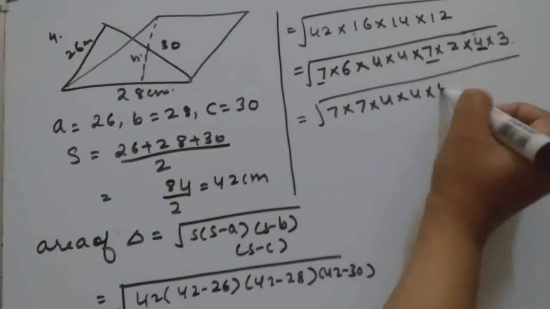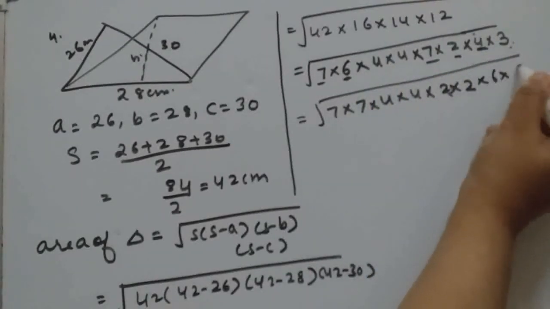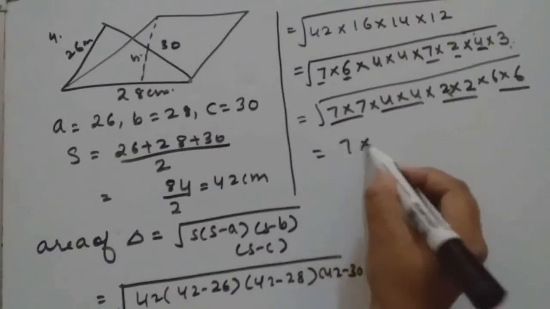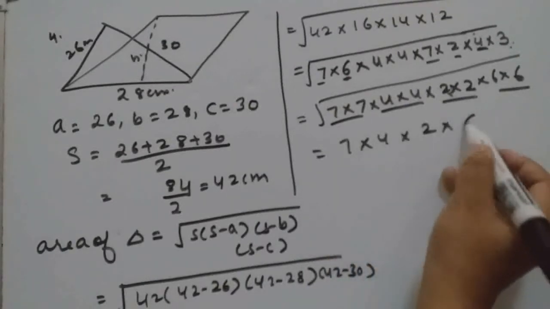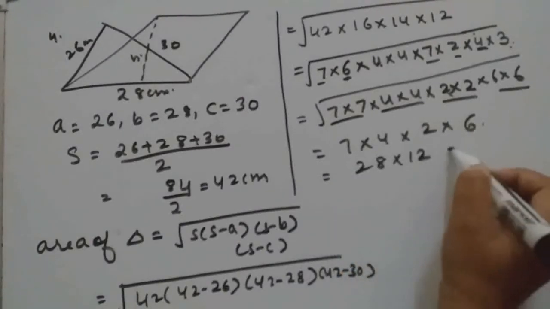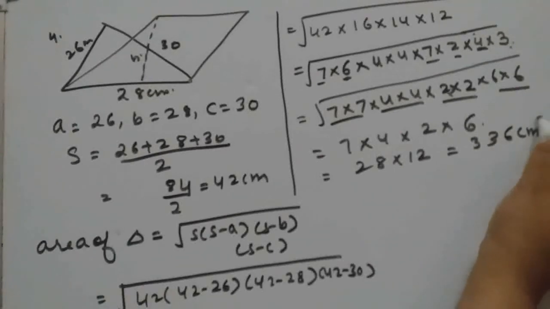This 4 we can write as 2 into 2, and then 6, and this 3 2s are 6. So see each number has a pair. So 7, 4, 2 and 6 will give 336 centimeter square.